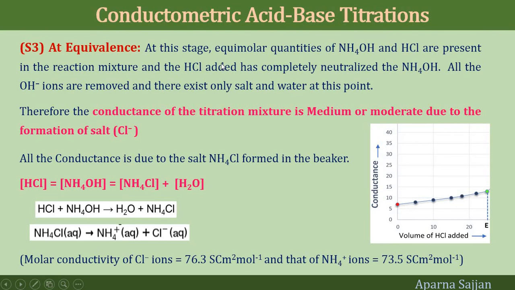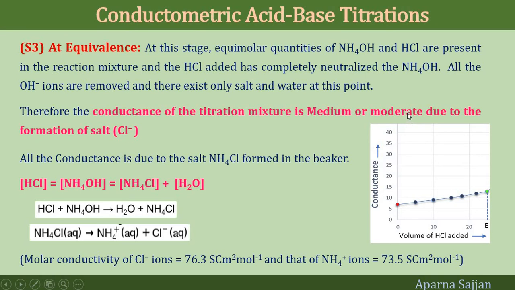Then at equivalence point, there will be equimolar quantities of ammonium hydroxide and hydrochloric acid, that is the base and acid will be present in equimolar proportion. Therefore, all the ammonium hydroxide is neutralized by hydrochloric acid to form salt and water. So conductance at this point will be medium or moderate.